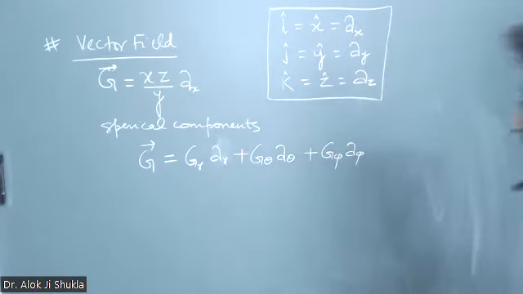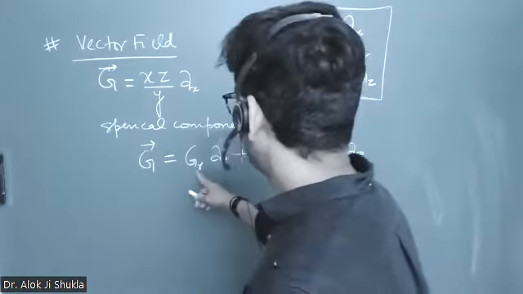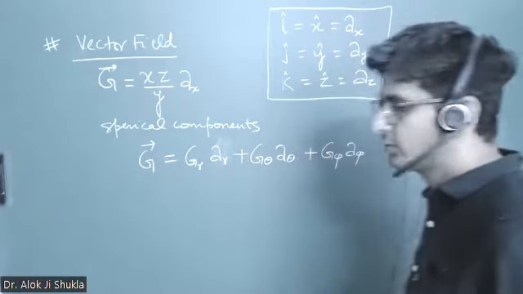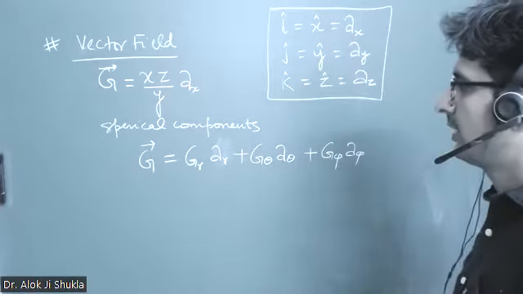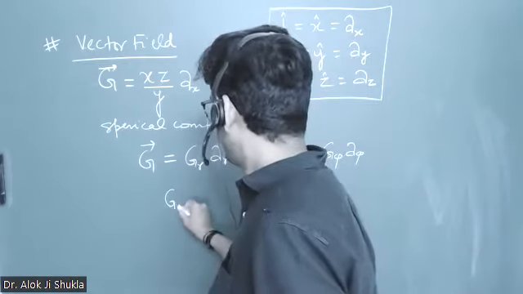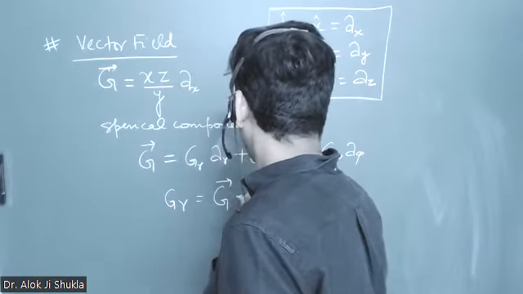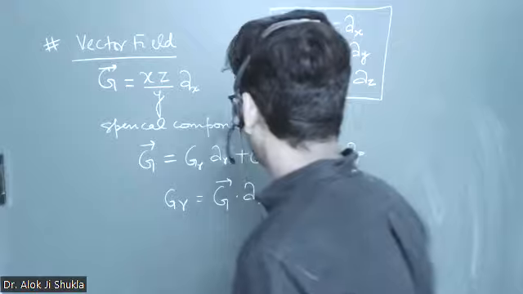Is this okay? If I want to write GR, what should I do? This is very important. GR will be just the dot product of G with AR. Yes or no?